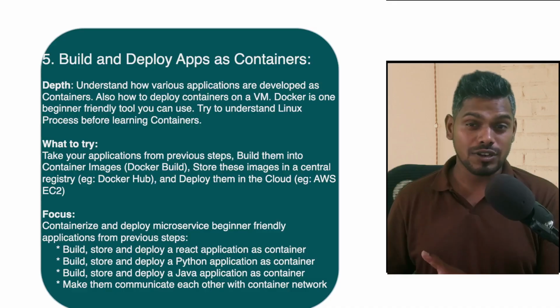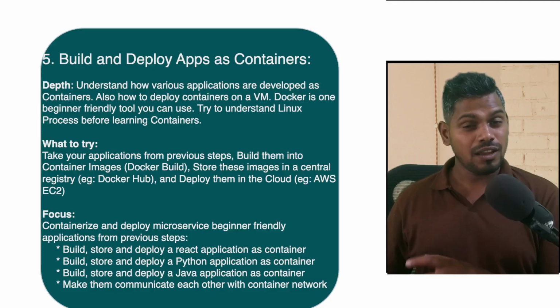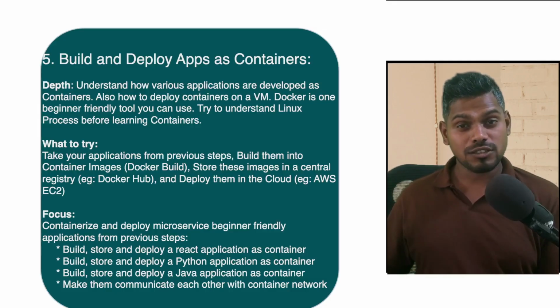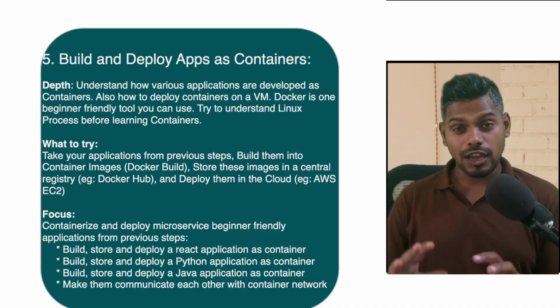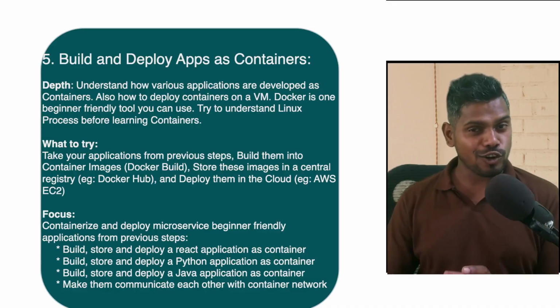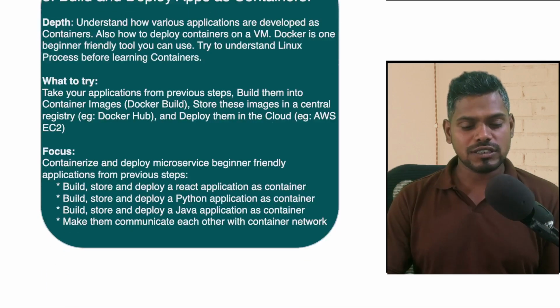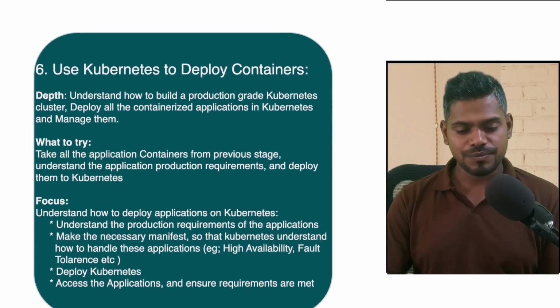Kubernetes has a solution, either a native solution or a plugged-in solution. So Kubernetes is a much bigger tool that can help you with a lot of things. So that is our 6 steps we are going to learn Kubernetes.